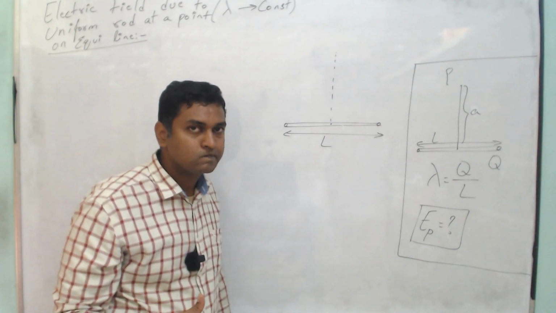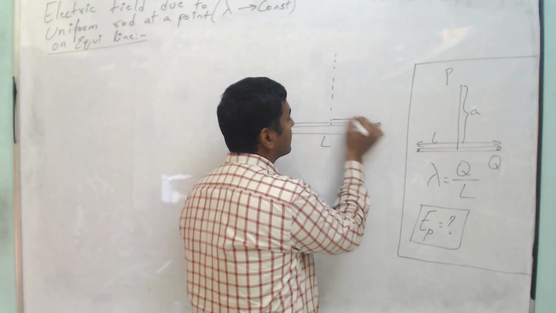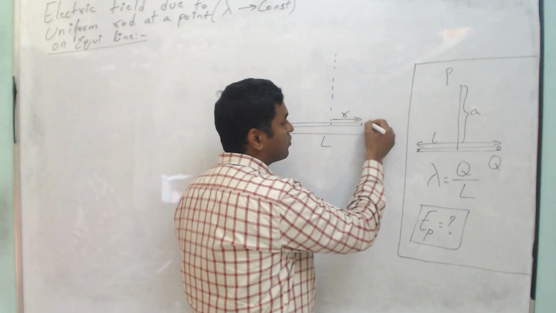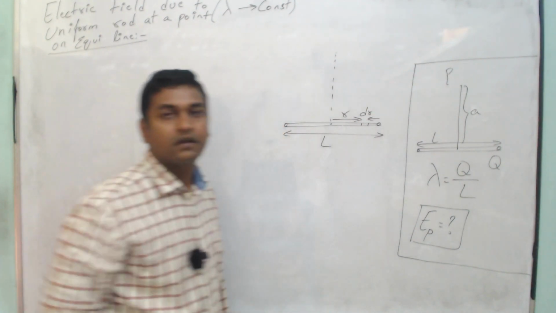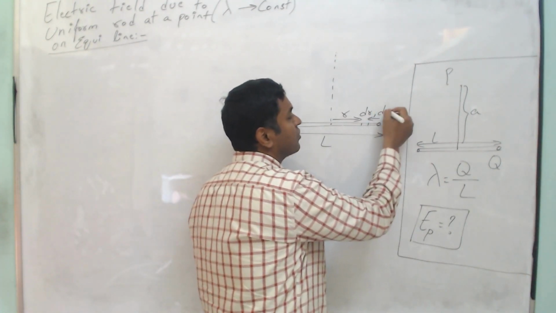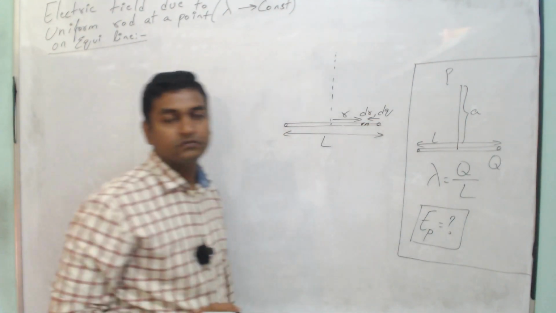Correct? Then at a distance of r along the rod, I will take a small element dr, wherein the charge on this small element, I will take it as dq. Clear?